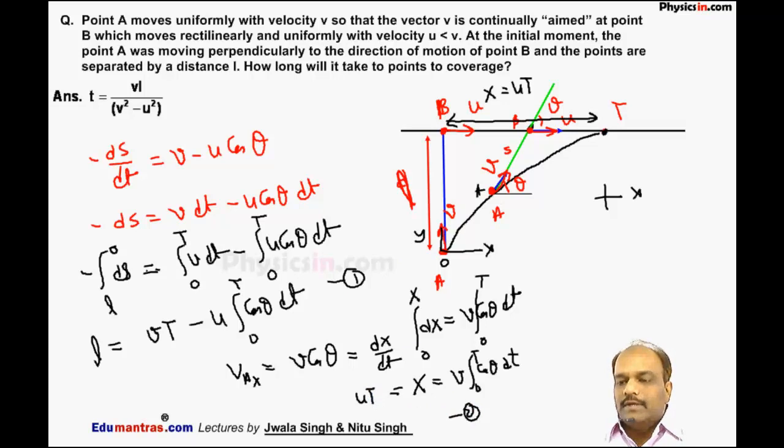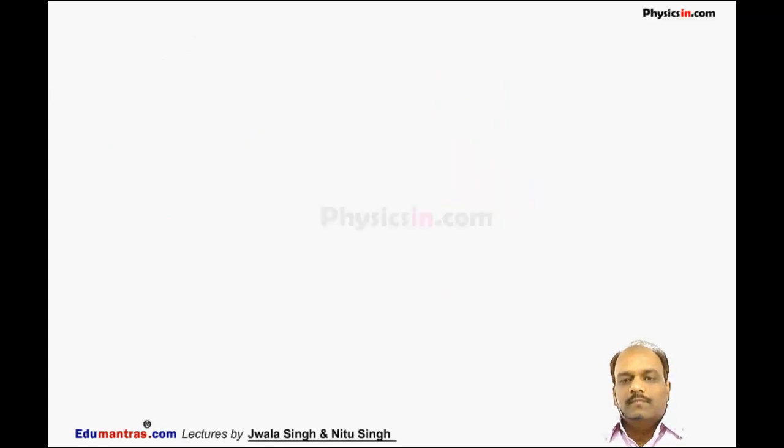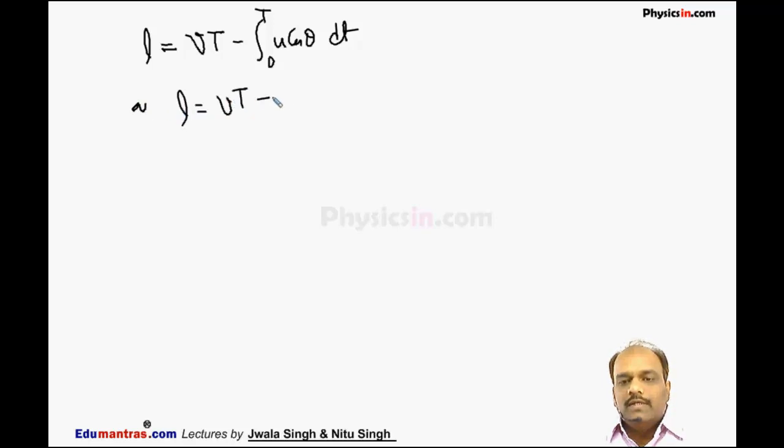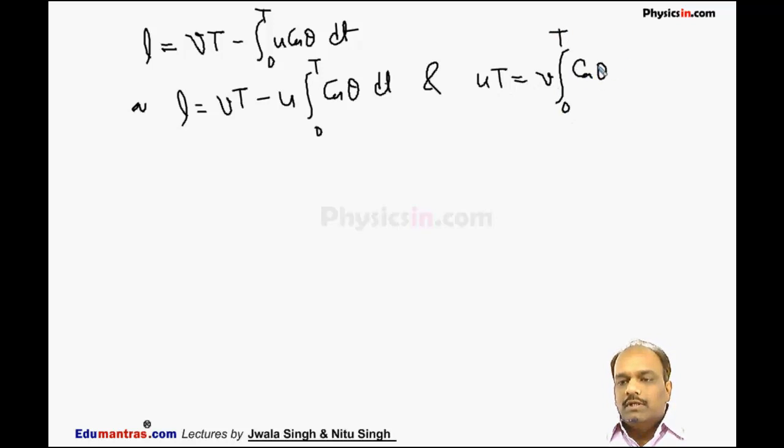Now from the first and second expressions, the first expression is L is equal to v into t minus integration 0 to t u cos theta into dt, that is L is equal to vt minus u integration 0 to t cos theta dt, and u into t is equal to v into integration 0 to t cos theta into dt.